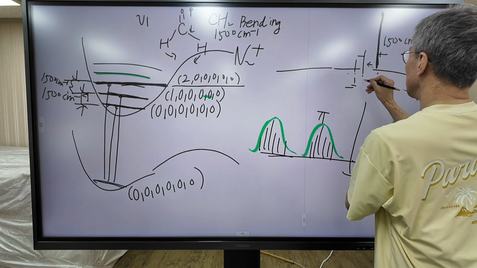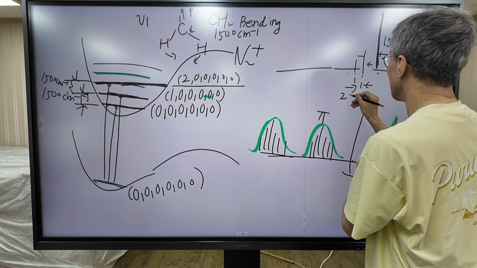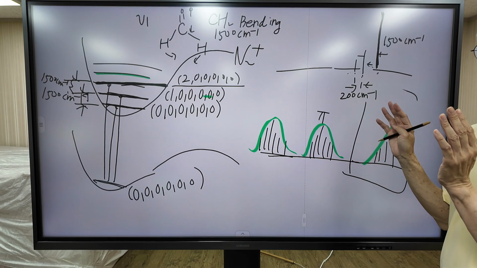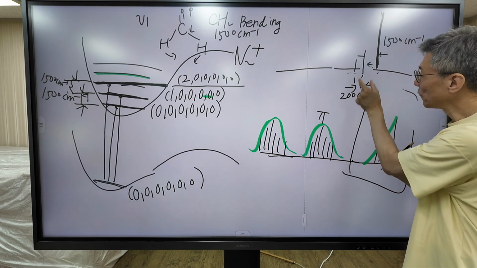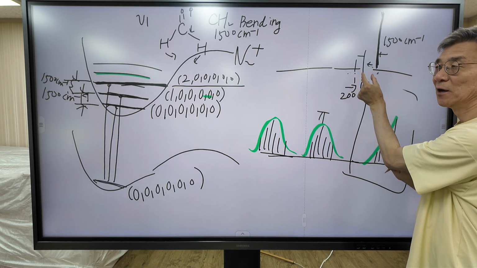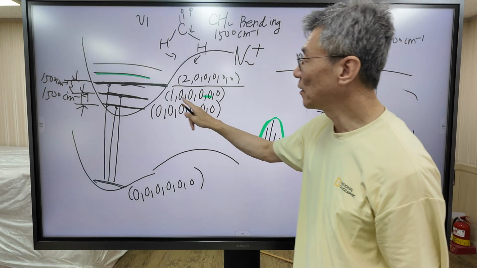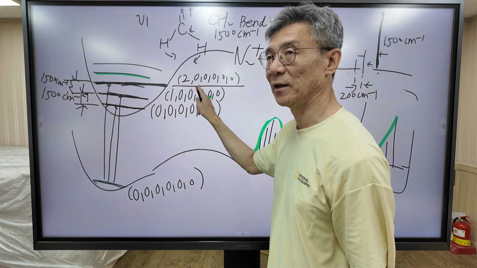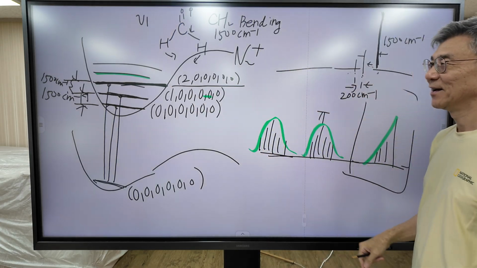This vibrational spacing is only 200 wave number, not 1500. Only 200 wave number, very, very small. It means that the assignment of this vibrational quantum number is wrong. This is not right. Okay?